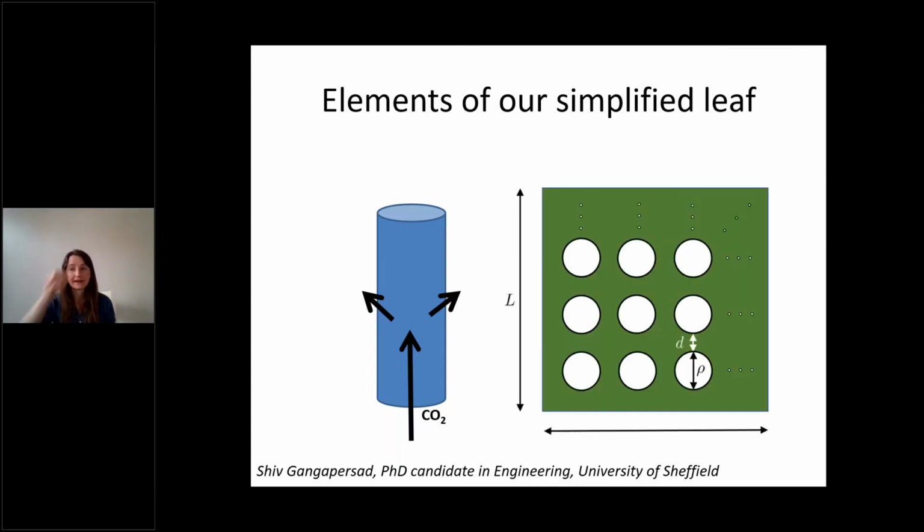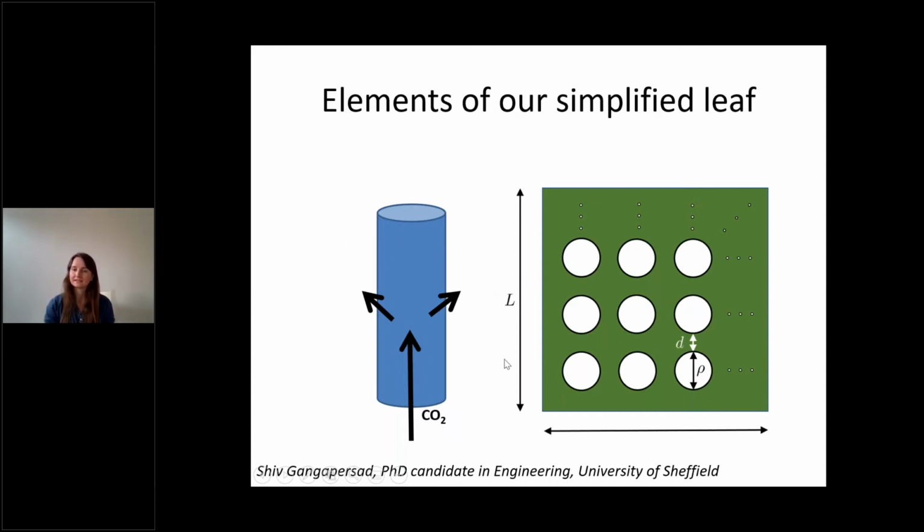And the next aspect of this model is scaling it up from a single airspace into a 3D section of leaf. So if you imagine here, we're looking down on a leaf, and our green is cellular tissue, and the white circles represent air channels as drawn on the left.